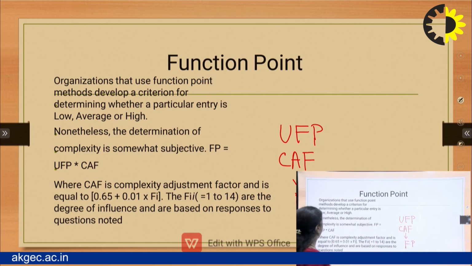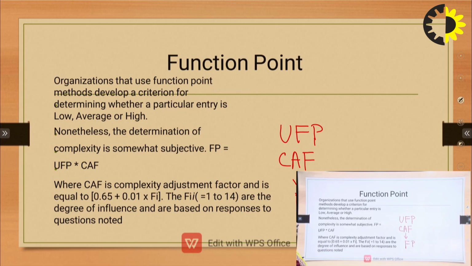So my complexity adjustment factor is equal to 0.65 plus 0.01 into ΣFi. We'll be looking into what this Fi means, but why are we doing all this? Because my FP is nothing but whatever the value of UFP I have calculated multiplied by CAF, that is the complexity adjustment factor. So whenever you need to compute FP, you must first calculate UFP and CAF. Then only you can reach the FP.